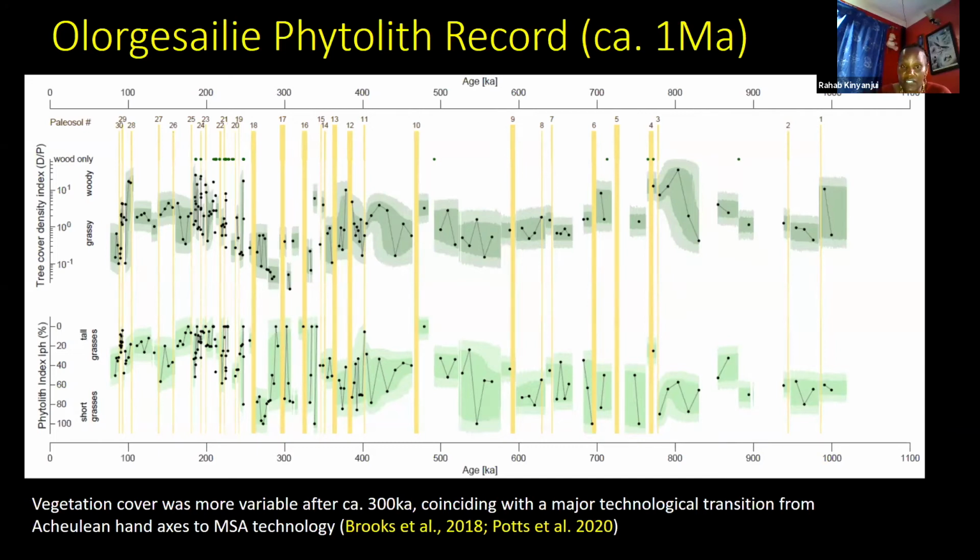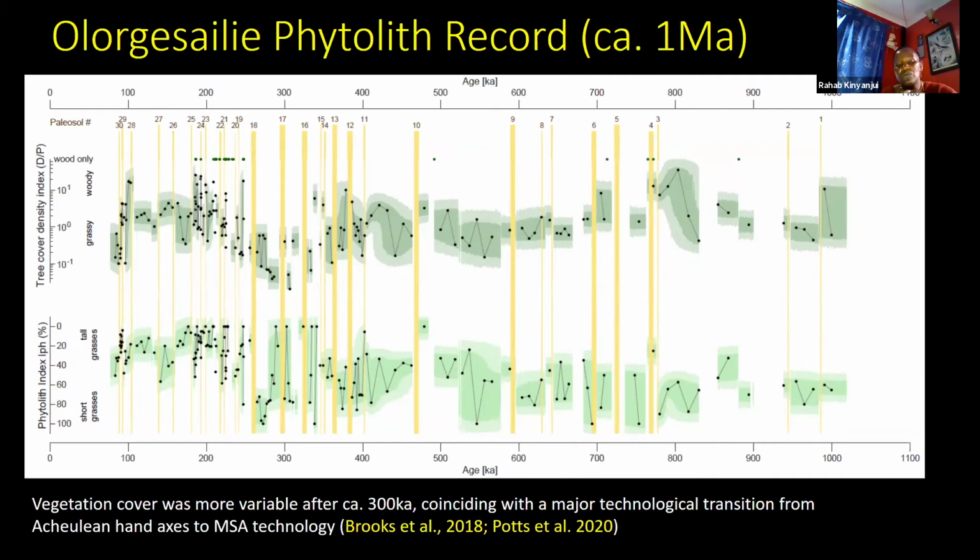And this, interestingly, when you compare with the archaeological record, is a time where they happen to have a transition to the MSA, Middle Stone Age, from the Acheulean hand axes, which was very popular in the Olgesaile Basin.